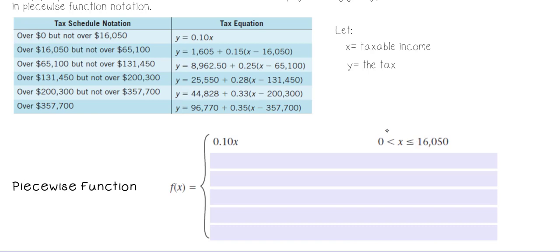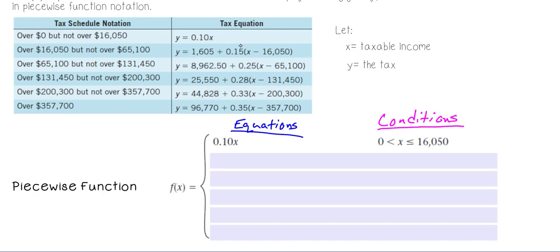Now remember, in a piecewise function, the left side of the piecewise function, these are your equations. And on the right side, these are the conditions that have to be met to use each individual equation.